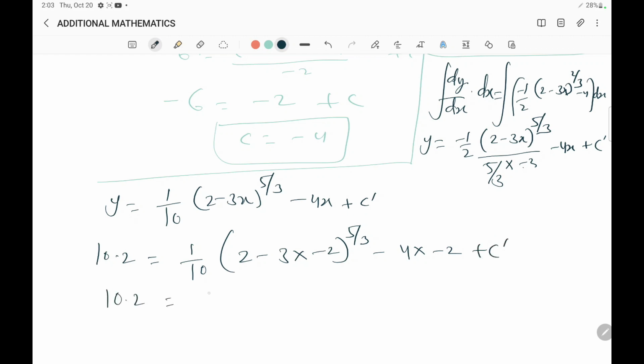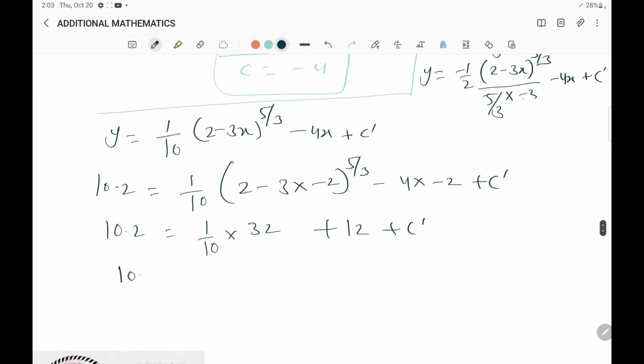So this is 10.2, 1 over 10 times 8 to the power 5 by 3. Use mental math, 2 to the power 5 will be 32. And this is plus 12 plus c dash. So this is 10.2 equals 3.2 plus 12 plus c dash.